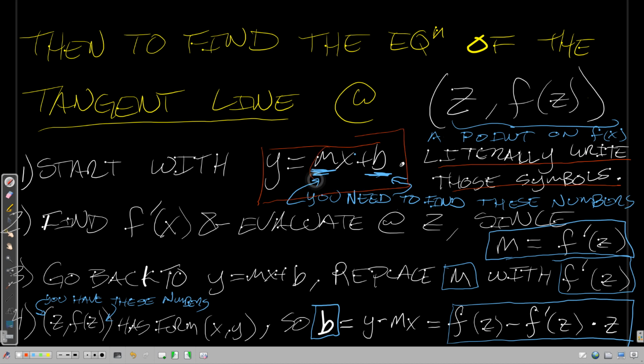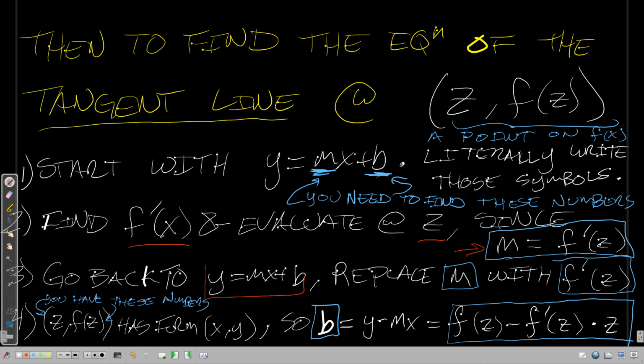Then you just need to find m and you need to find b. So the next thing you do would be to calculate the derivative and evaluate it at z. That will be what your slope is.